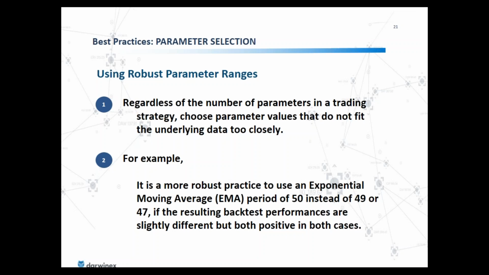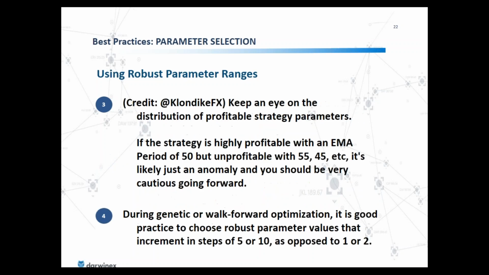And if the resulting backtest performances are slightly different but positive in both cases, then you should probably choose the simpler of the two, the more round, the more robust of the two numbers. Also in line with that, something that was contributed by Klondike FX, you must keep an eye on the distribution of profitable strategy parameters.